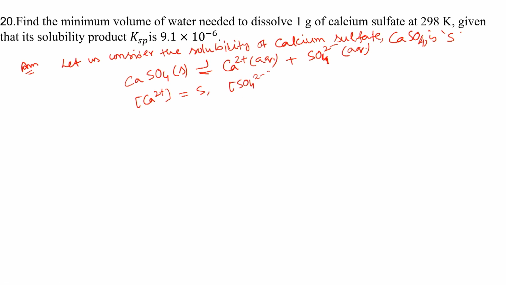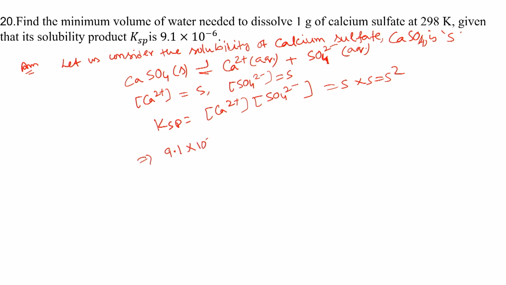So Ksp is the concentration of Ca2 plus times the concentration of SO4 2 minus. So S times S gives you S squared, and the value of Ksp is given. So 9.1 times 10 to the minus 6 is S squared. So the value of S is the square root of 9.1 times 10 to the minus 6.